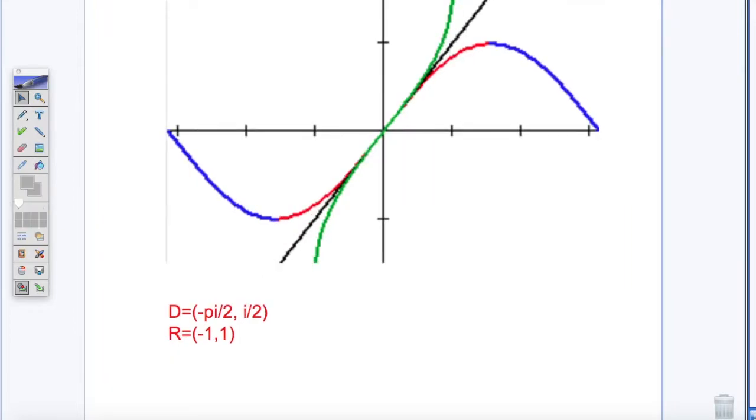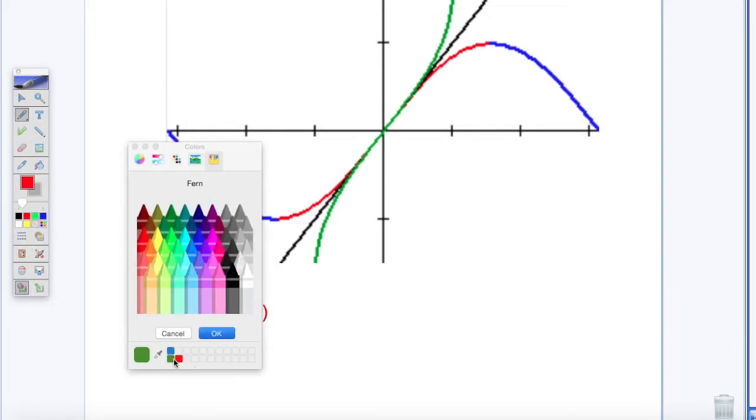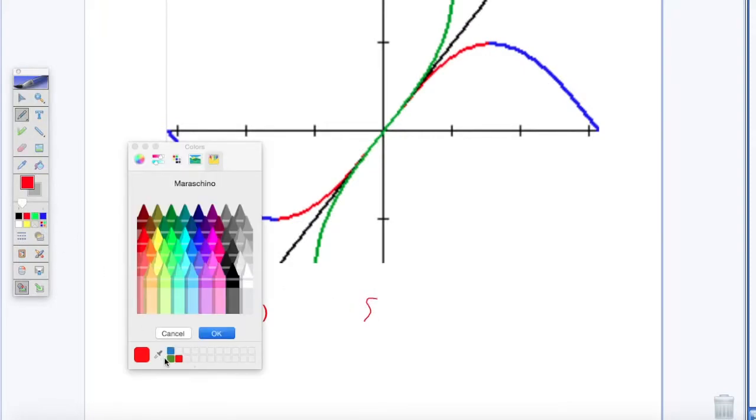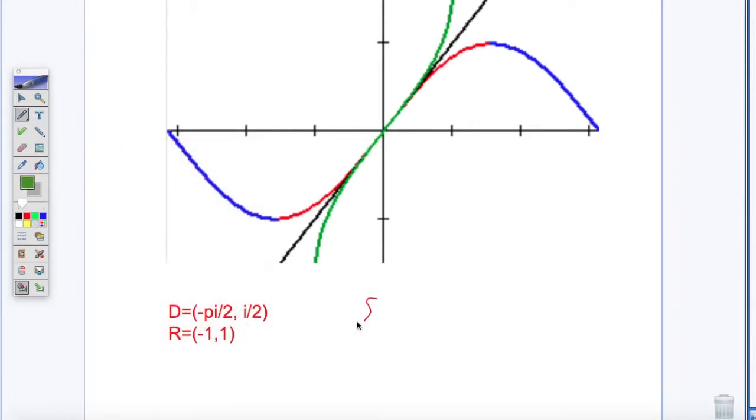So let's go away from the animation and let's go over here and draw. For inverse sine, we've got a domain of negative 1 to 1 and a range from negative pi over 2 to pi over 2.